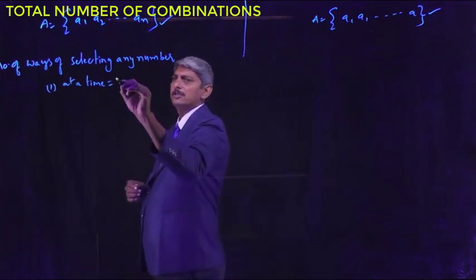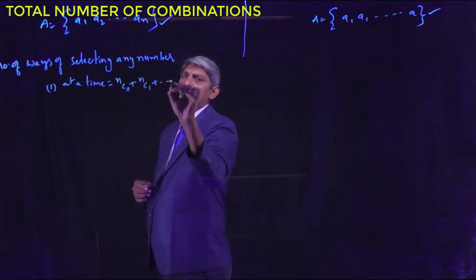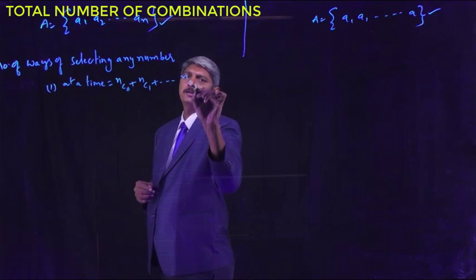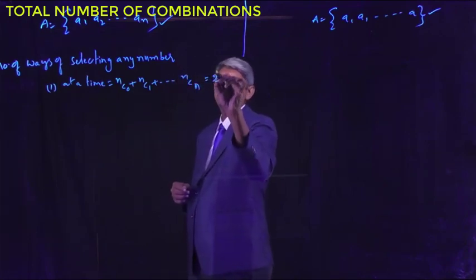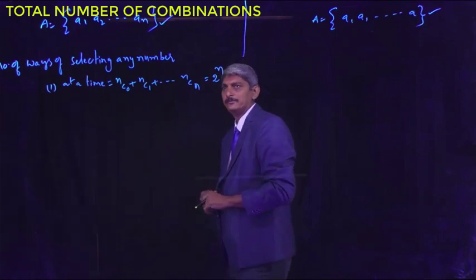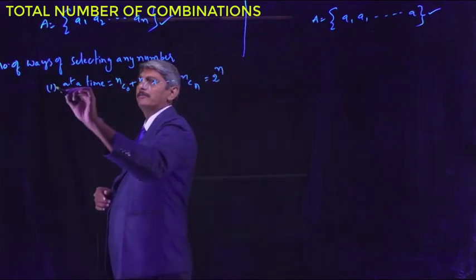So this is NC0 plus NC1 plus and so on NCn, the sum of the binomial coefficients, this is nothing but the value 2 power n. Okay, any number at a time.